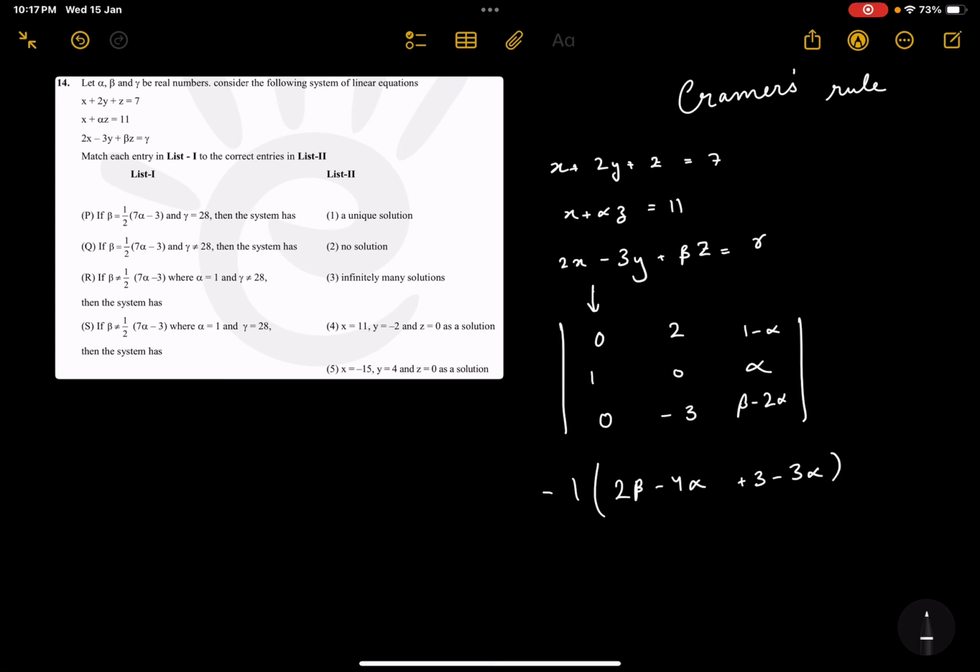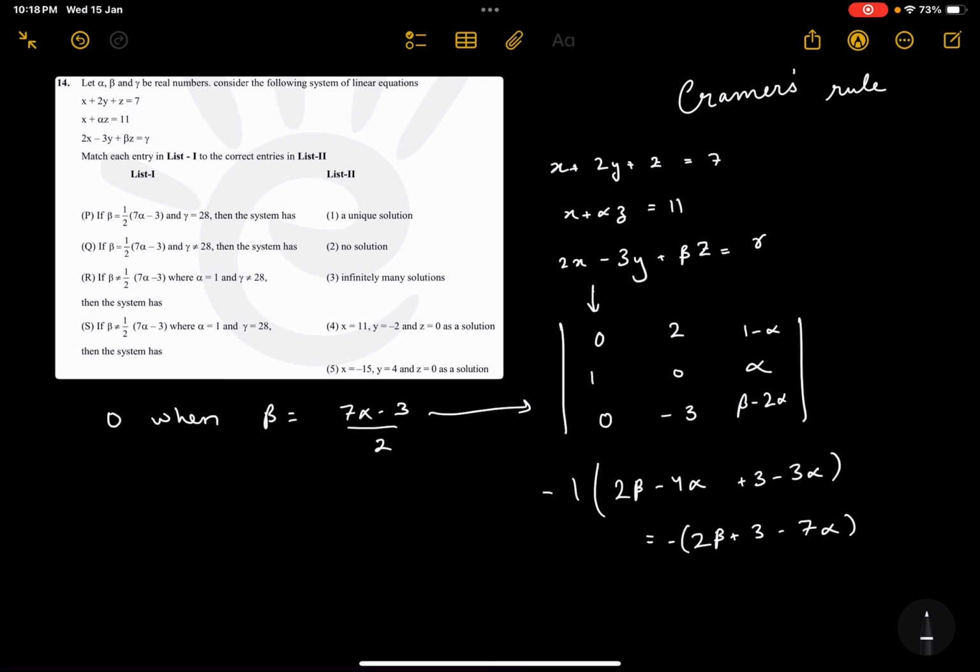So this is 2 beta plus 3 minus 7 alpha. Now if this is 0, this is 0 when beta is 7 alpha minus 3 by 2.